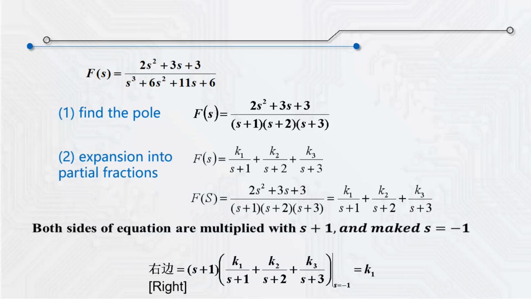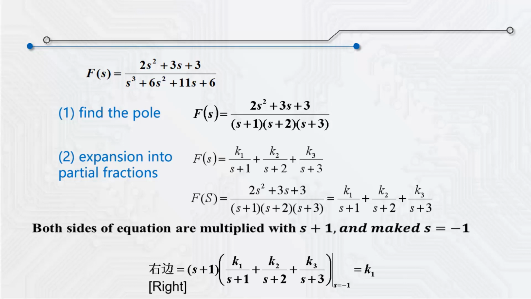Let's look at the following example. F(s) equals (2s squared plus 3s plus 3) divided by (s cubed plus 6s squared plus 11s plus 6). First, we are going to find its poles. The poles come from factoring the denominator.